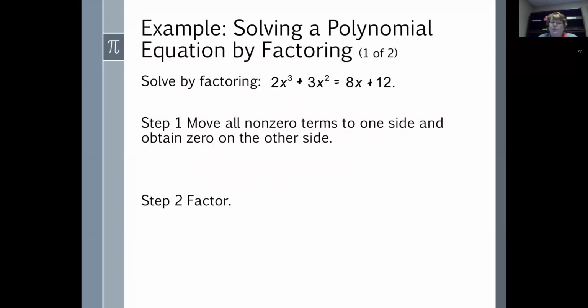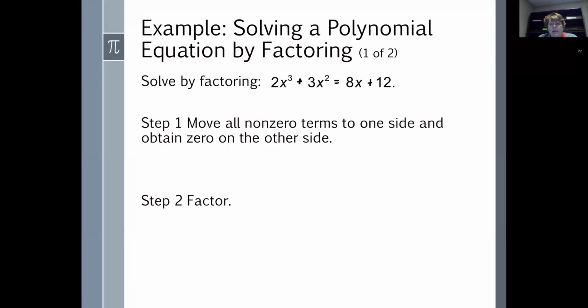So we need to move the 8x from the right-hand side to the left. And we do that by subtracting 8x from both sides. We're also going to move the plus 12 to the left-hand side. And we do that by subtracting 12 from both sides.